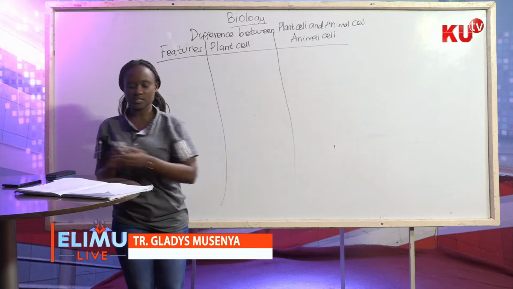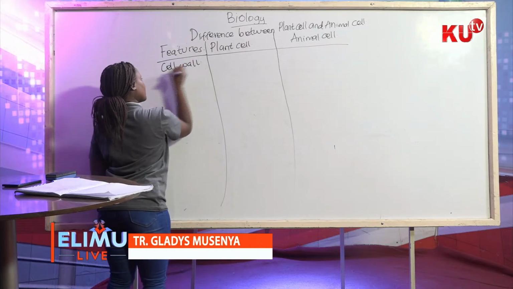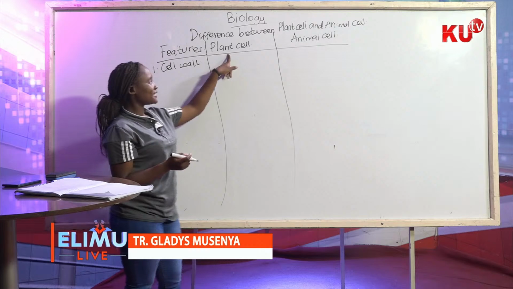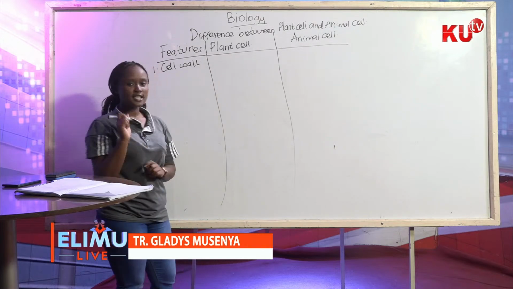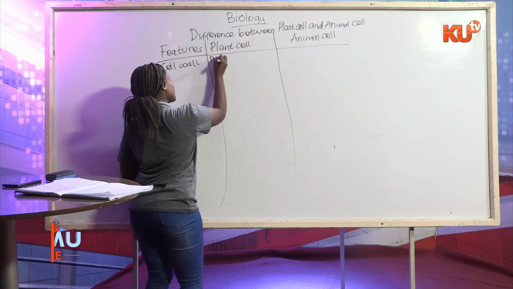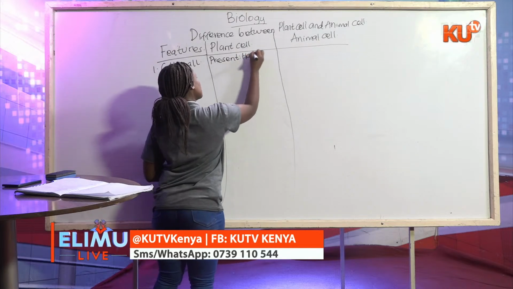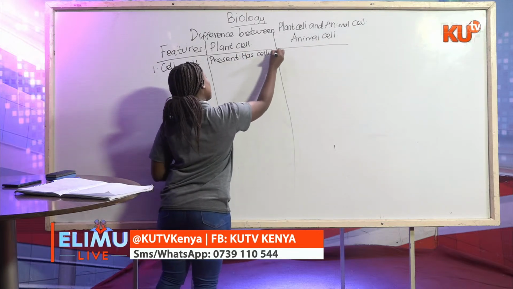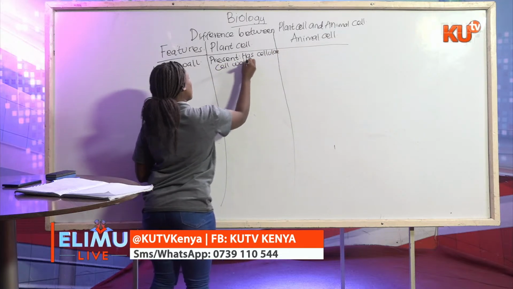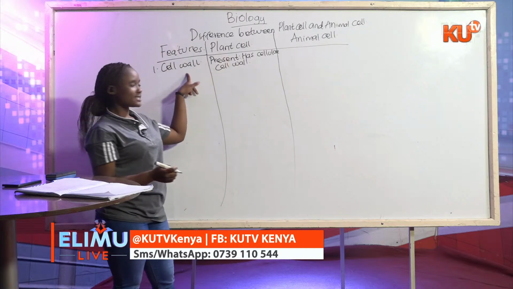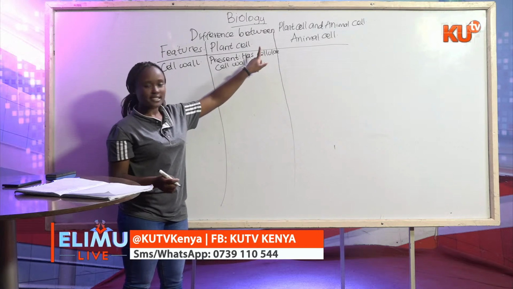So the features: cell wall. This is the first one. In plant cell, they have cell wall, which is cellulose cell wall. The plant cell has a cell wall which is present, and the cell wall is made up of cellulose.